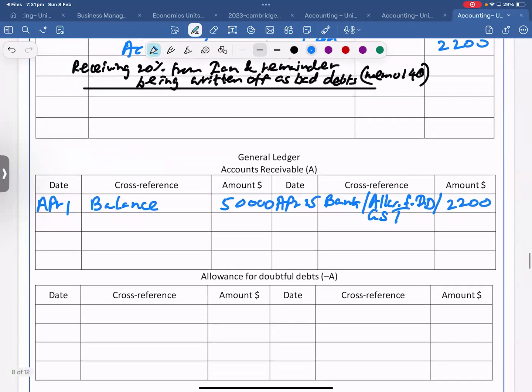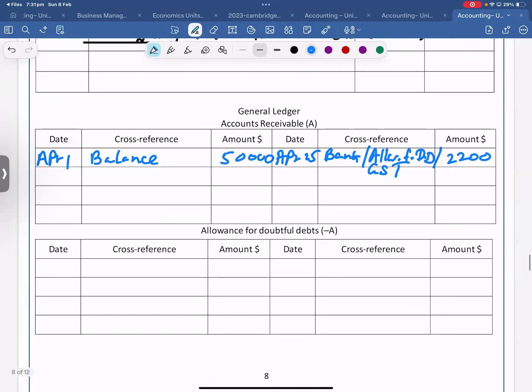Then allowance for doubtful debts, guys, how do we do? 3,000 is opening balance, April 1st.